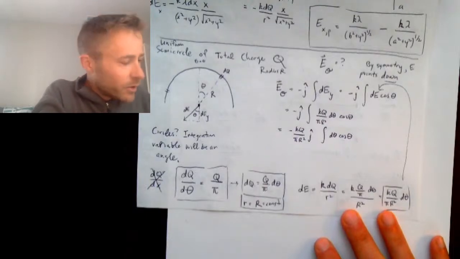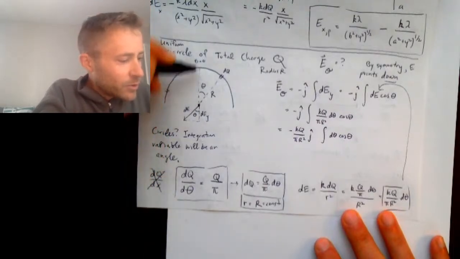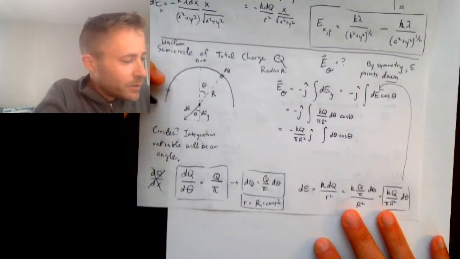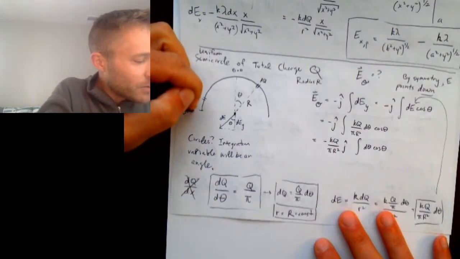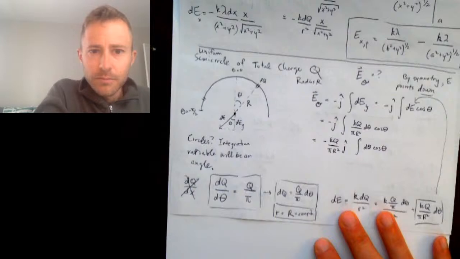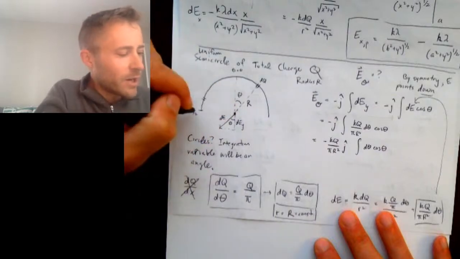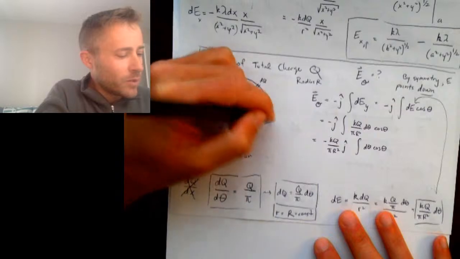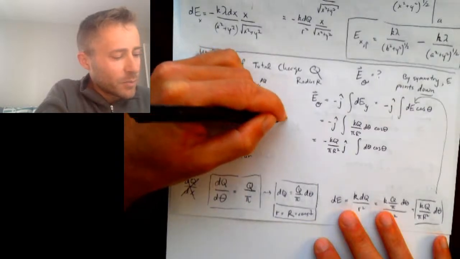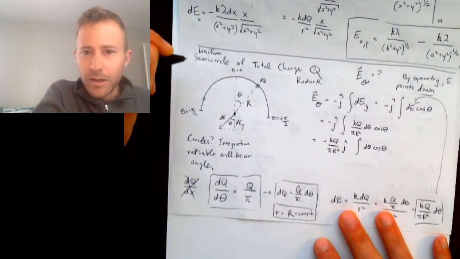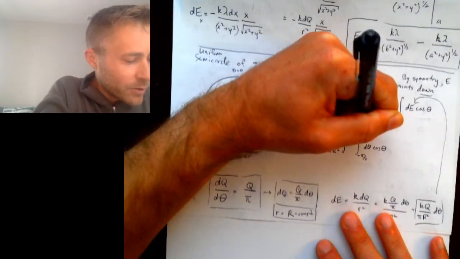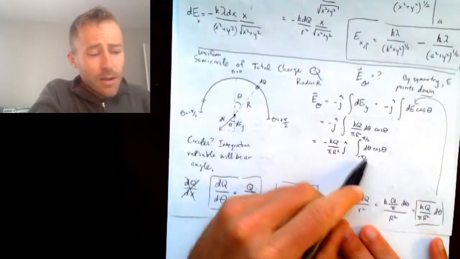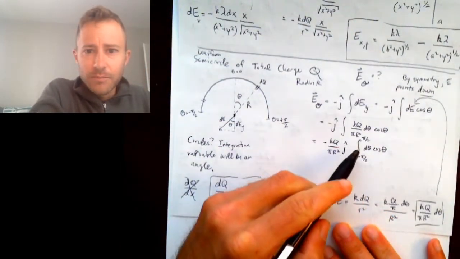The limits of integration are over a semicircle. Here's theta equals 0. So this point right here would be theta equals minus pi over 2, because 90 degrees in radians is that way, and this would be theta equals plus pi over 2. So my integral goes from negative pi over 2 to pi over 2. The integral of cosine is sine.